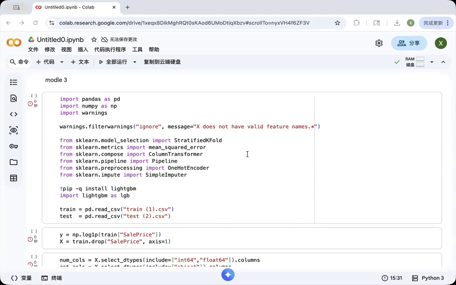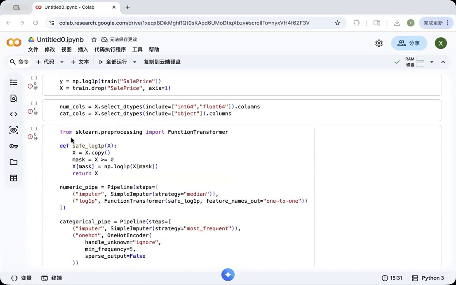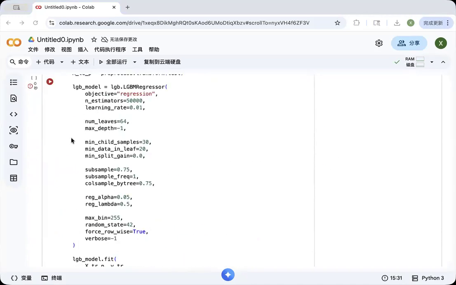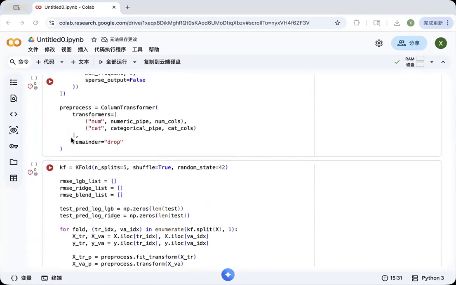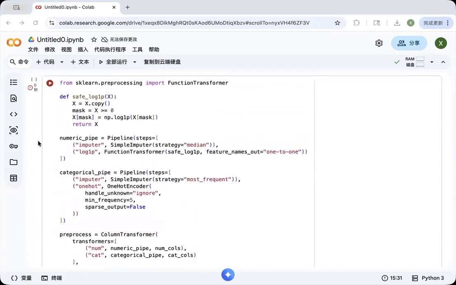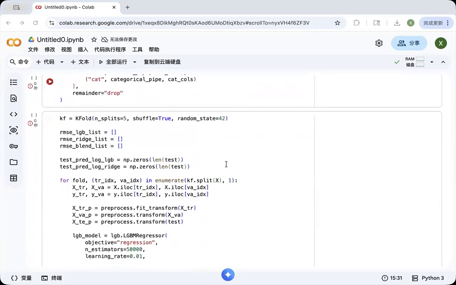The blended model achieved the best cross-validation RMSE, around 0.123, slightly outperforming the individual models. This confirmed that combining complementary models improves performance. And my group mate will explain part two.